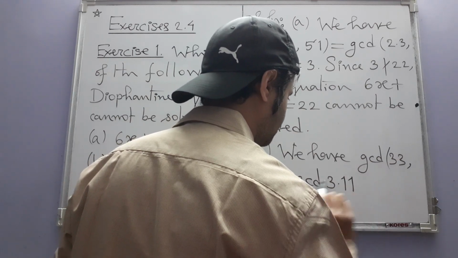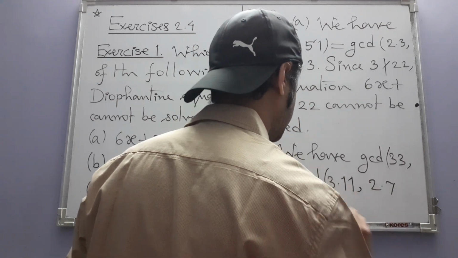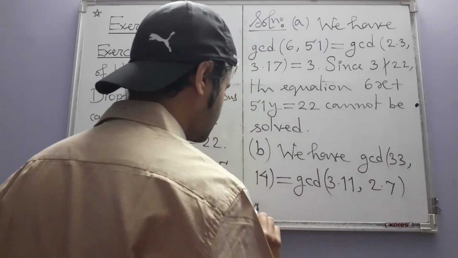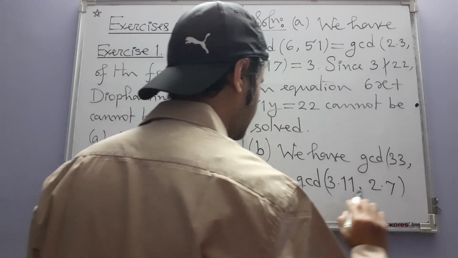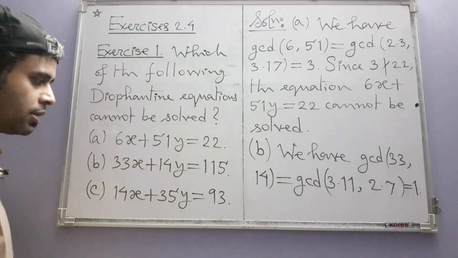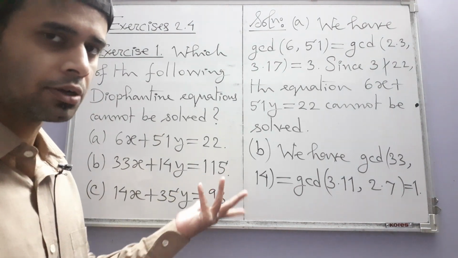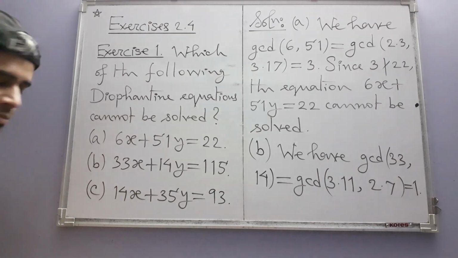Three times 11 and 2 times 7, no common prime. So in this case the GCD is 1, and that is why the equation will have a solution, because 1 divides every integer, so 1 also divides 115.